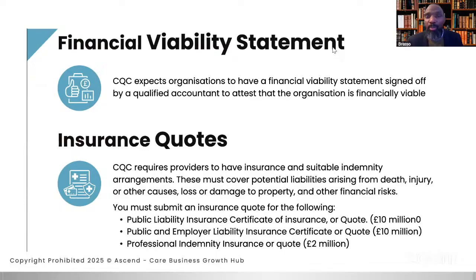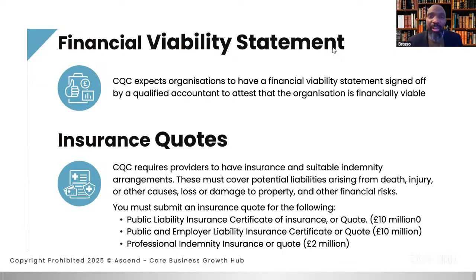So there is a form. You can download it on the CQC website, the financial viability form. You need to have a conversation with an accountant. They will ask you specific questions. And then if they are happy, they make a declaration. They sign a form to say you are financially viable. As part of your fit for purpose interview, if the inspector is not satisfied, they may ask for more evidence of how the finances are going to be managed.